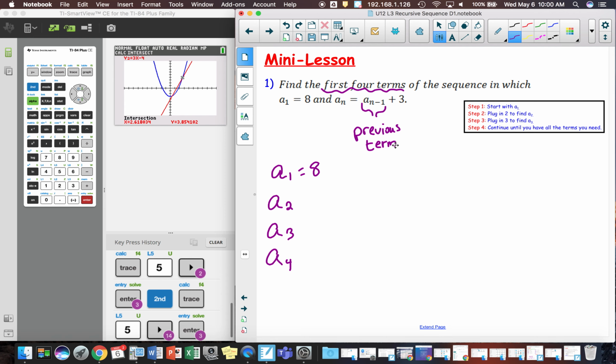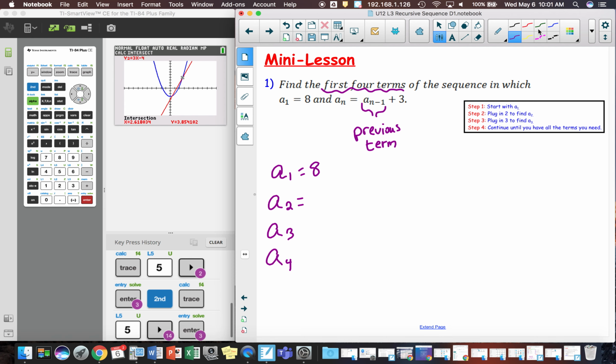Okay, so let's dissect exactly what they're saying. They're saying that, hey, your first term is 8. However, if you want to find another term, take the previous term and add 3. So in order to find our next term, a sub 2, they said take our previous term.